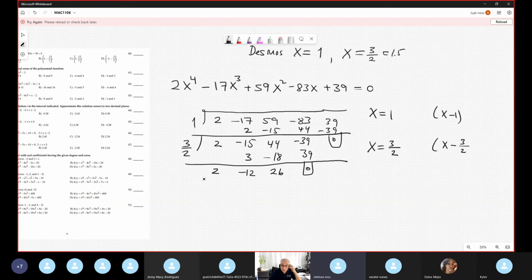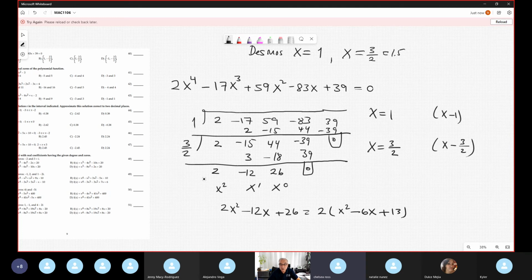I suppose that in the middle of the process we have one extra factor to multiply here, to convert everything to whole numbers. Oh yes, look at that. This is x to the 0, this is x to the 1, this is x to the second. The second factor is 2x squared minus 12x plus 26. Okay, I see that these coefficients are even numbers, so I factor out 2. It's a 2 that I need. x squared minus 6x plus 13.